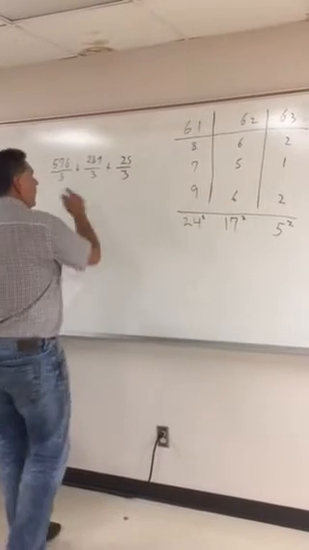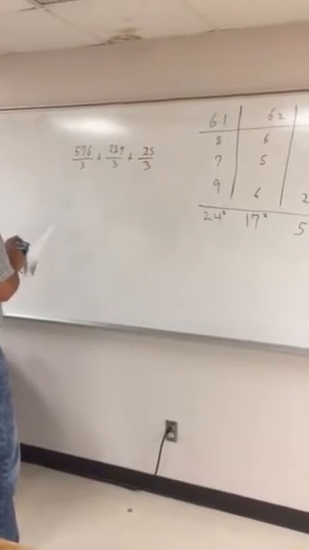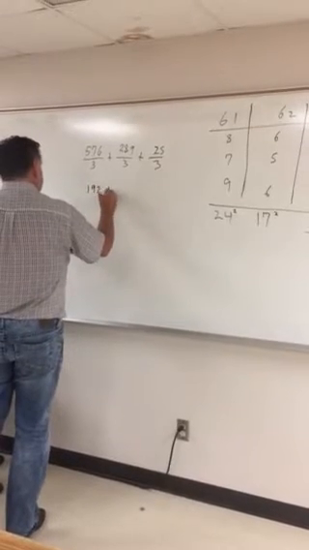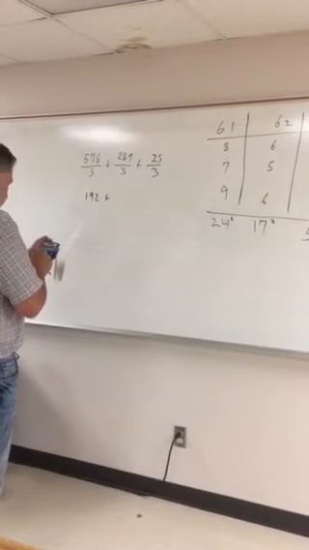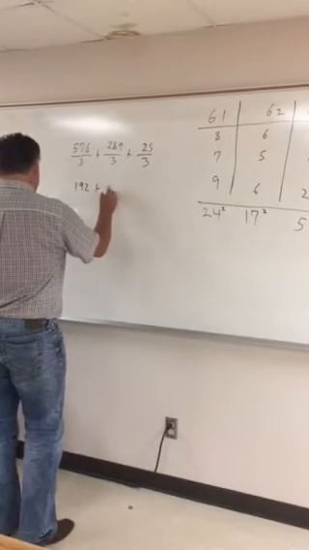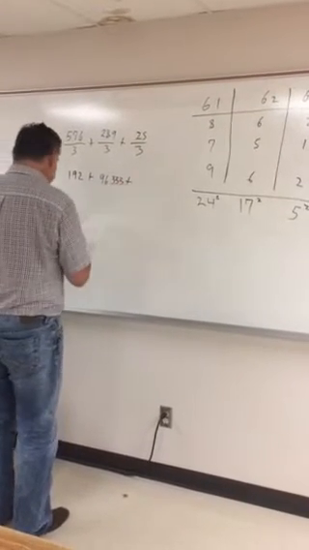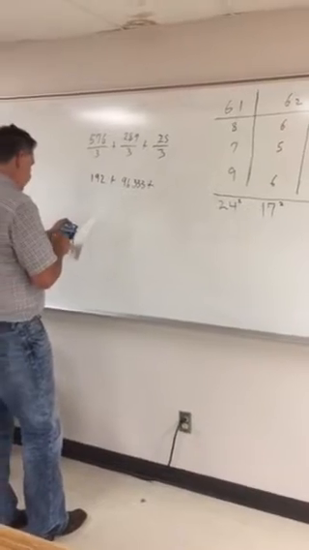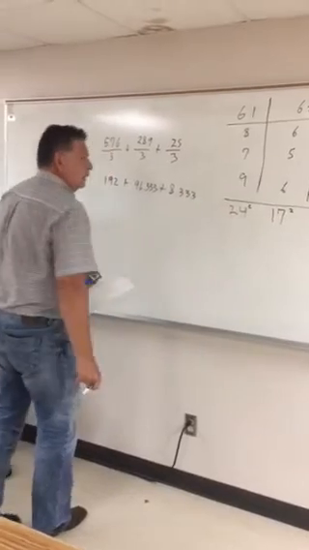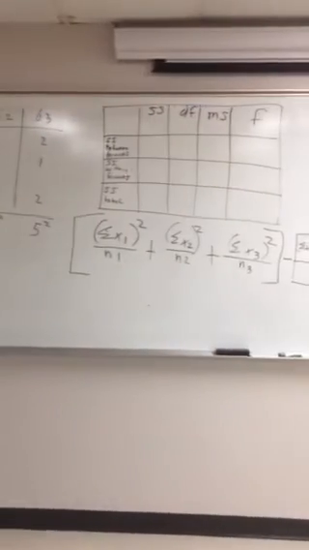So now I'll add those up. I got 576 divided by 3, which is 192, plus 289 divided by 3 is 96.333, plus 25 divided by 3 is going to be 8.333. Now I've just about got that first part of my equation figured out.